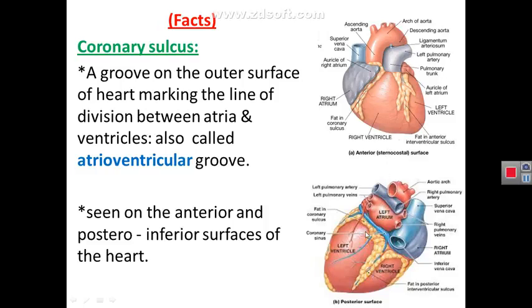Posteriorly, this is the left posterior coronary sulcus between the left atrium and left ventricle, while that is the right posterior coronary sulcus between the right atrium and the right ventricle.